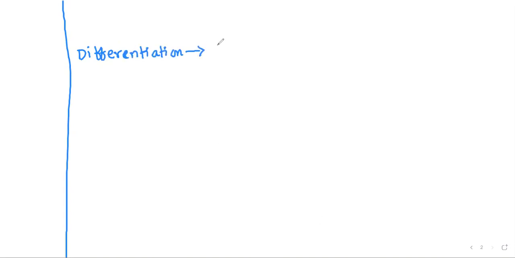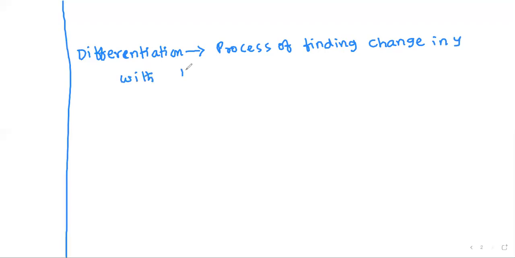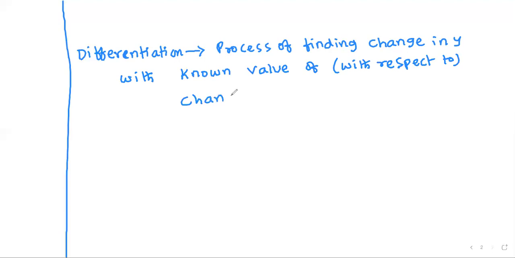Differentiation means the process of finding change in y with the known value of, or else you can also say, with respect to change in x. Okay.